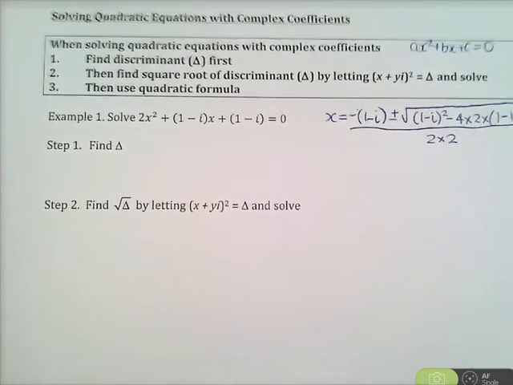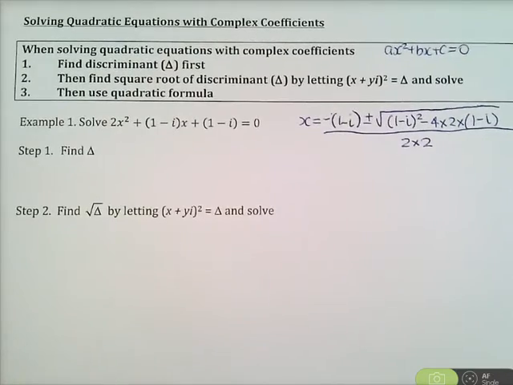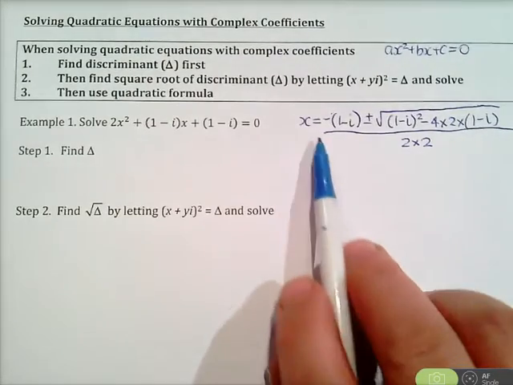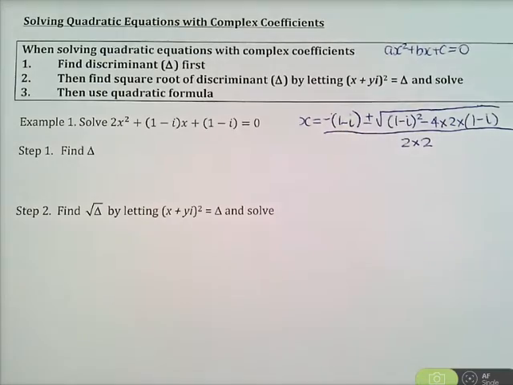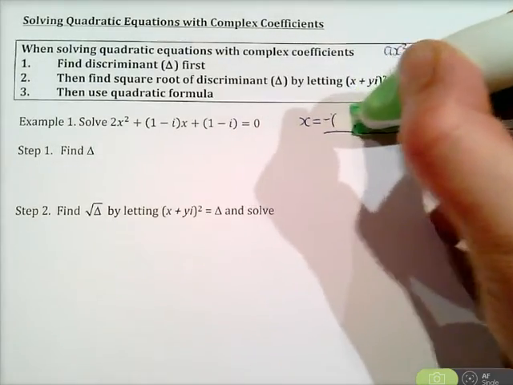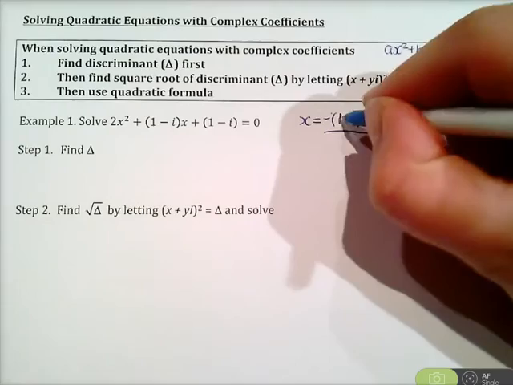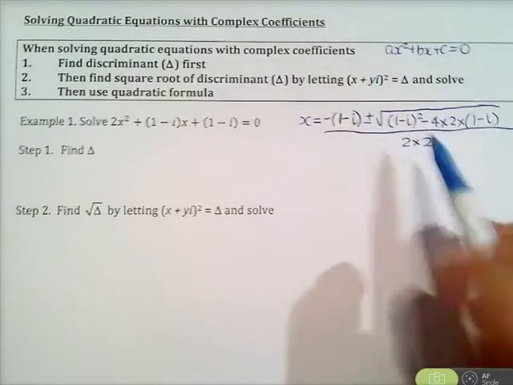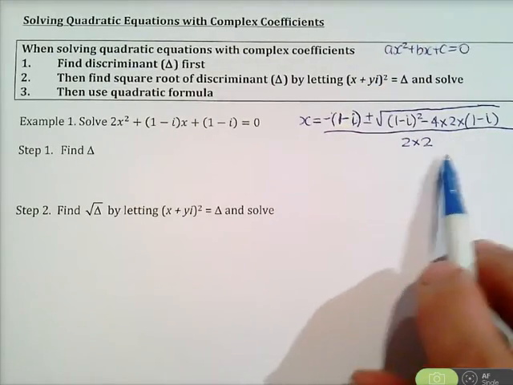So if you were trying to solve that, this is what you would do: negative 1 minus i plus or minus the square root of b squared minus 4ac over 2a.